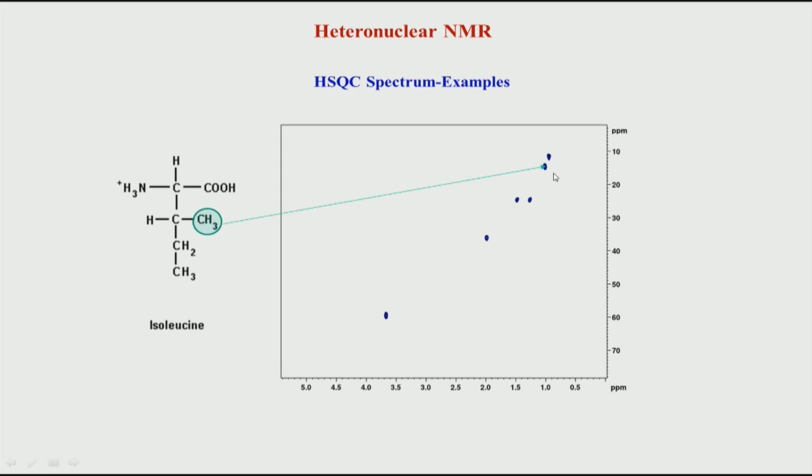Now, which is which methyl, how did we get that answer? Again, this is more or less based on experience and database, meaning we have known values for these amino acids, and based on that one can say that the most upfield is usually this methyl and the next upfield is this. One can always argue based on shielding and deshielding effects, but this is not how it is done.